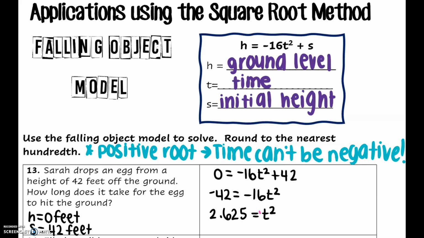Then we will take the square root. Remember, we only want the positive root. So in this case, it's going to be equal to 1.62. Since this is a word problem, we just quickly need to say a short sentence to answer the question. We can say it will take the egg approximately 1.62 seconds to hit the ground.